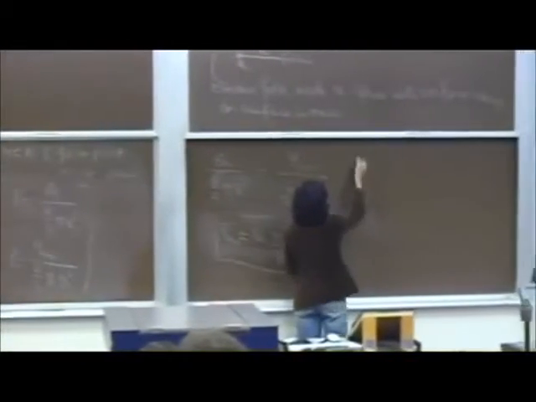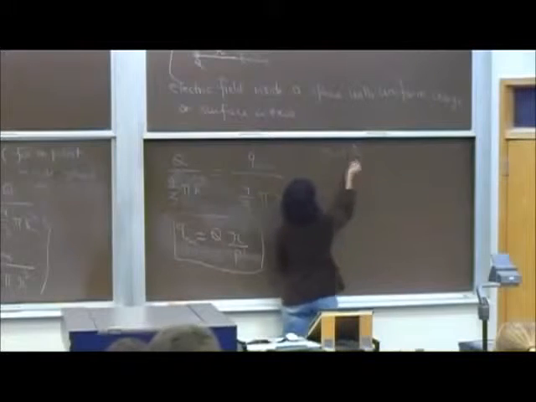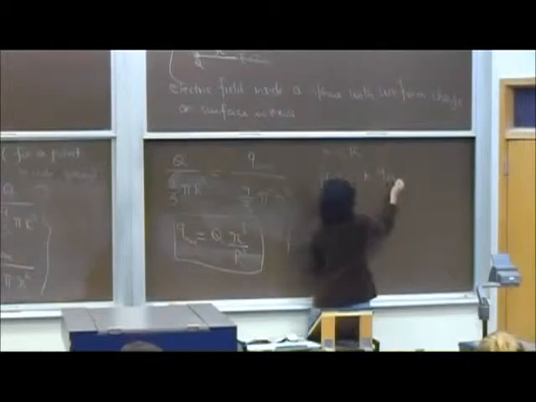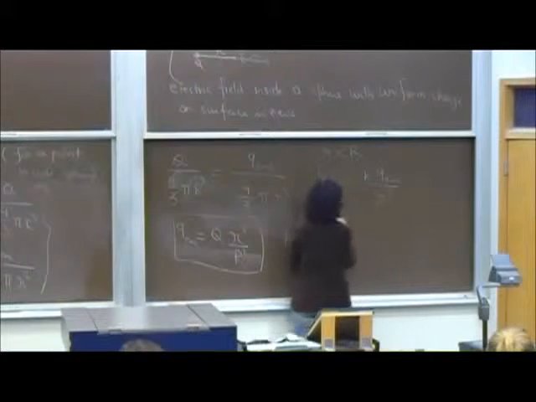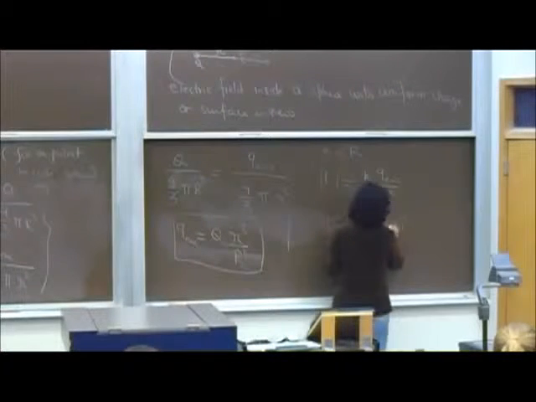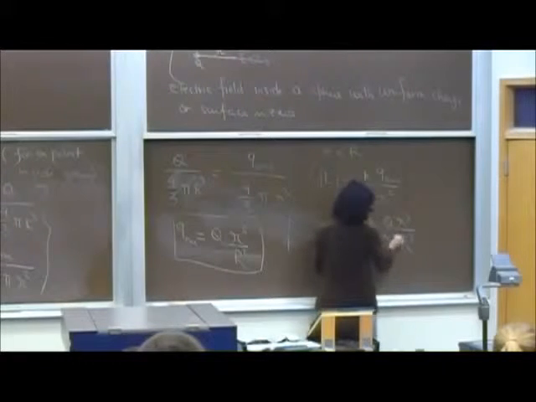So then, for r less than R, the electric field, which is K Q enclosed over r squared, becomes K, Q enclosed is this, Q r cubed over R cubed times r squared.